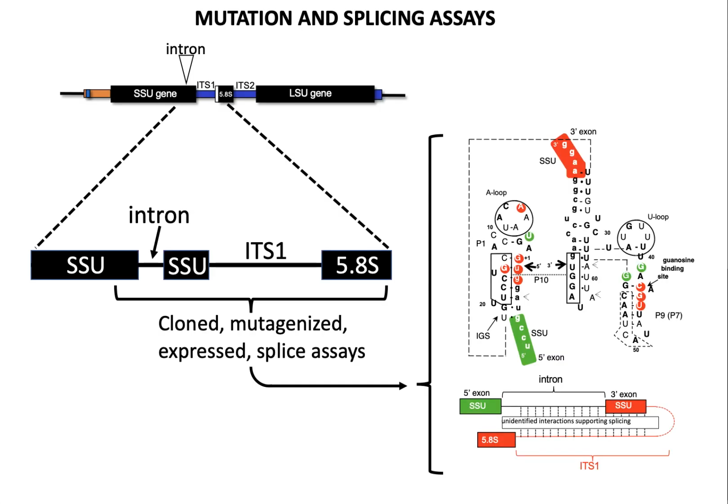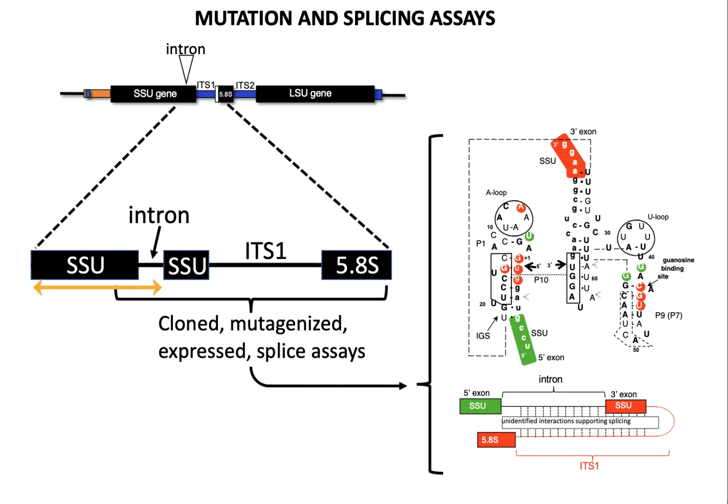However, even though they did splice in vitro, they needed help. So we cloned a piece of the ribosomal locus out and then put it into expression vectors to make RNA to test different regions to see whether we could get in vitro splicing. If we used just the intron, no splicing occurred.